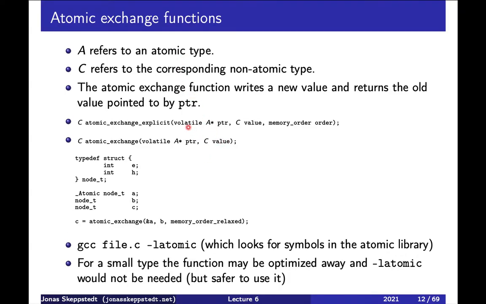And actually the standard uses volatile here. That's not so pretty, but it is how it is written. What it basically tells the compiler is that it shouldn't try to optimize what this pointer points at. So here is the pointer to the atomic variable, here is the value that we want to write to it, and here is the memory order that we should use. And we return the previous value.